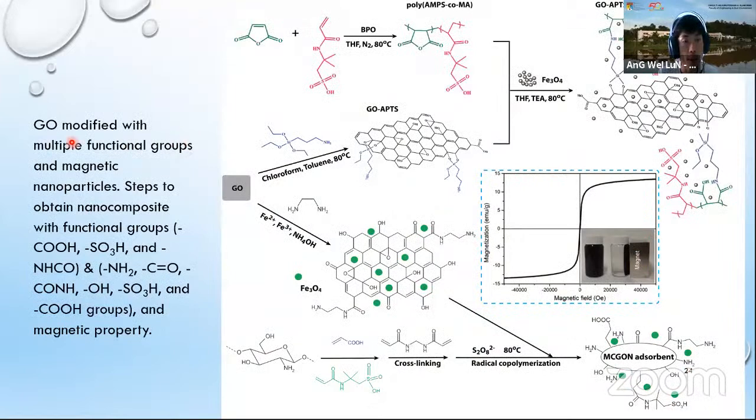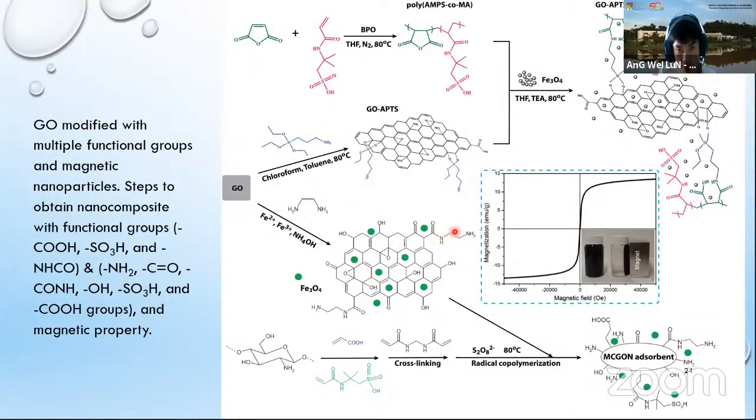Okay, so graphene oxide modified with multiple functional groups and magnetic nanoparticles. So here you can see that graphene oxide, because of the functional group, you can do a lot of modification work on it. Just ignore the reaction conditions and so on. I'm just going to show that in this case, the green color is actually the iron oxide. This is a magnetic iron oxide. Okay, so it's being attached to the graphene oxide, and then you can introduce the nitrogen functional group.